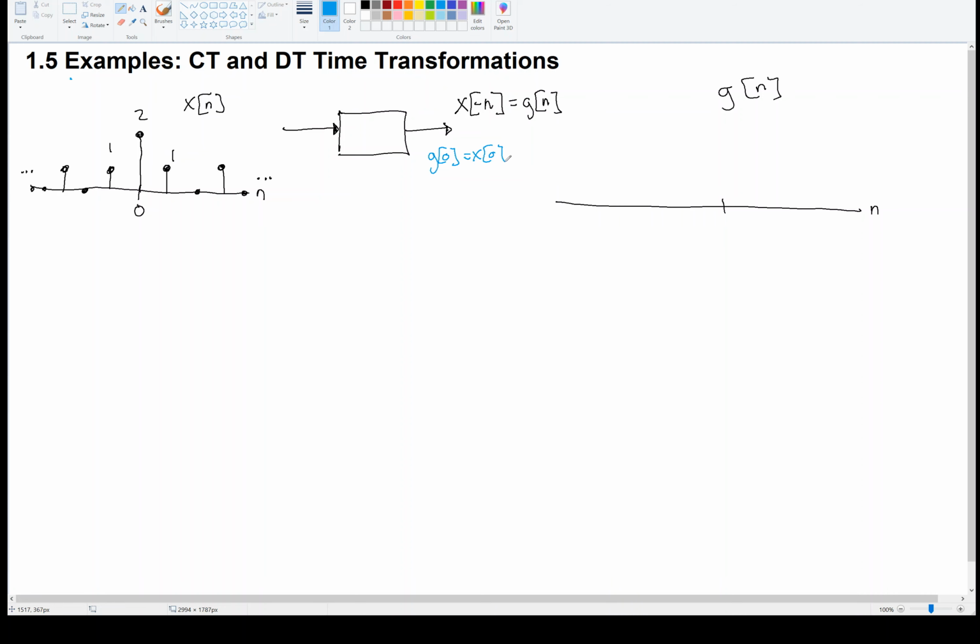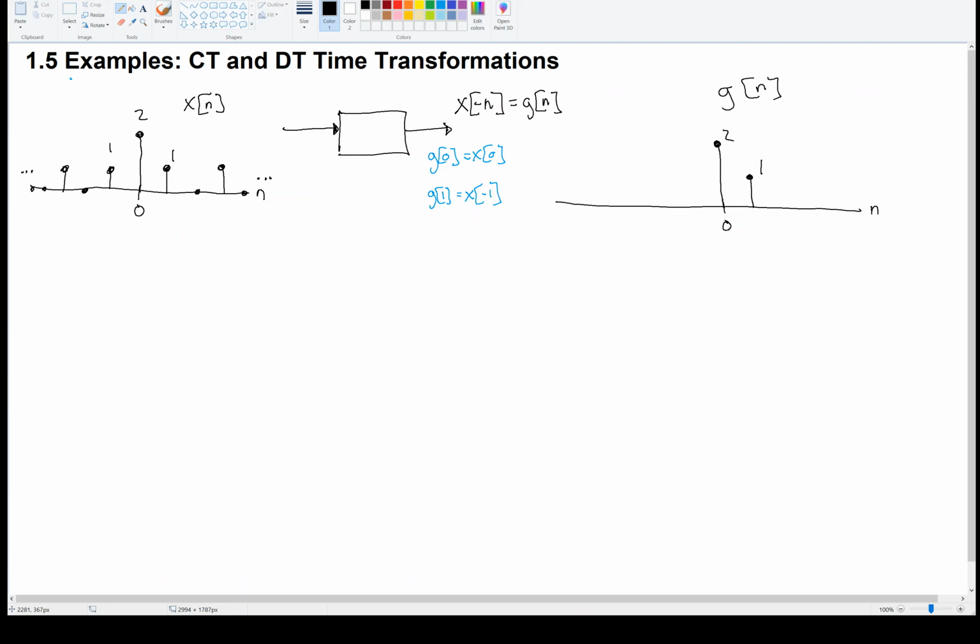Okay, so they're equal at the origin. G of 0 is x of 0. So that's a 2. So here's my origin. I'm going to draw 2 right there. All right, now let's say I want to know g of 1. So I'm going to plug in n equals 1. G of 1 is x of minus 1. Well, x of minus 1 is 1.